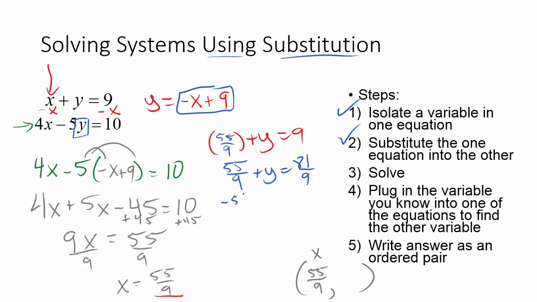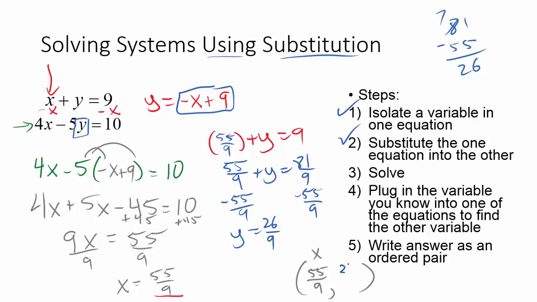And then if we subtract our 55 over 9 on both sides, we're going to get y is equal to, so if we subtract here, we get 81 minus 55. Okay, we subtract 11 would be 6, and then if we take one away, that would be 7, so it would be 26 here over 9 for our y value.